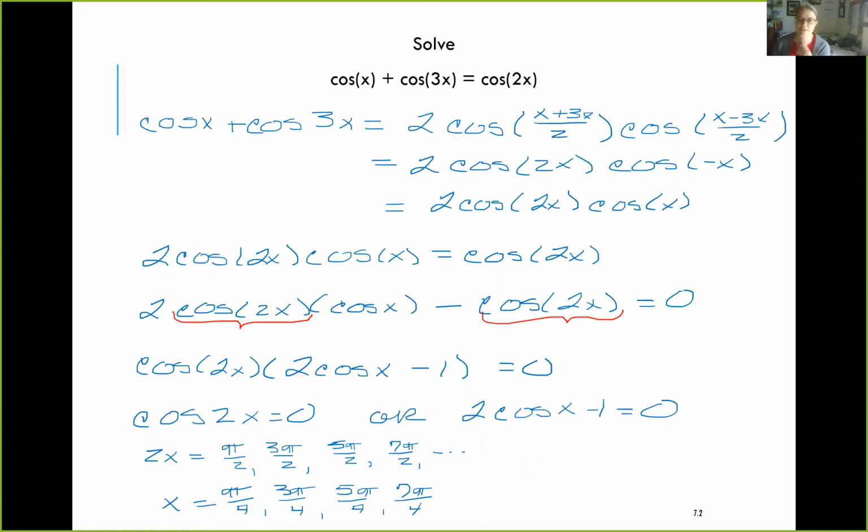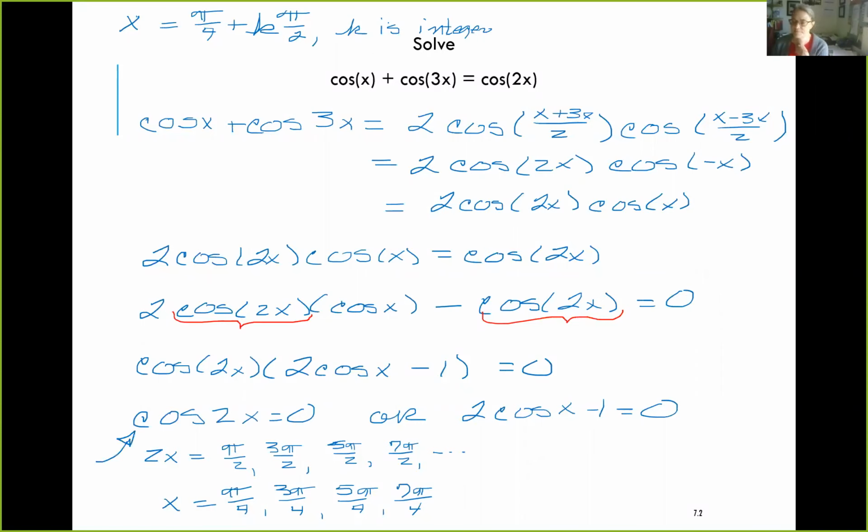I'll write that up here because I'm out of space. So one part of our solution is x equals pi over 4 plus k times pi over 2, and k is an integer, any integer. Okay, that comes from this root.